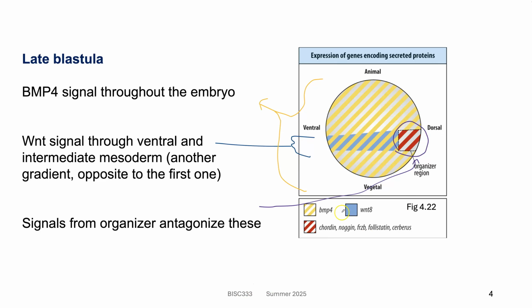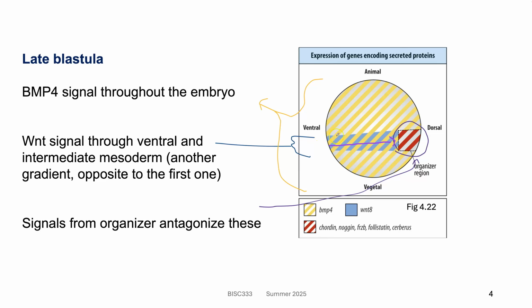So this is a basic diagram of sort of late blastula. So gastrulation hasn't begun yet. We have this Wnt8 signal present across all of the mesoderm, and it started off with more Wnt signaling on the dorsal side and less on the ventral side earlier in development, after cortical rotation and the early part of development.